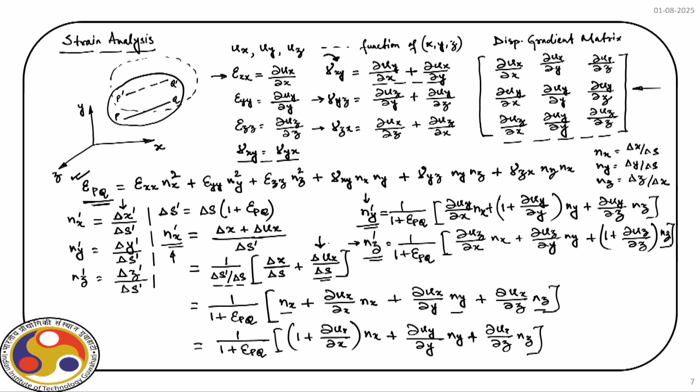So, the strain problem in 3D is now quantified. So, we have defined all the strain components, plus we have also found the direction cosines after the deformation, elastic deformation in this case, and we also considered linear strains. So, all our derivations are for linear strain. Okay.